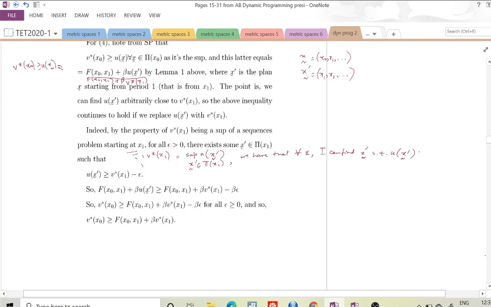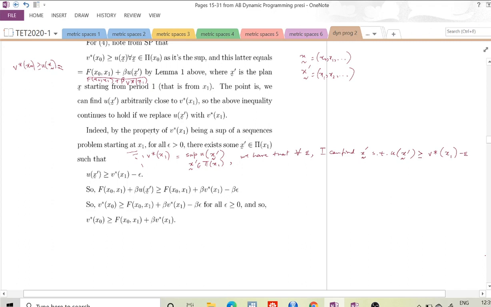V star of x1 is the supremum of the set of all the u of x tilde primes. In fact, u of x tilde prime is greater than V star of x1 minus epsilon.